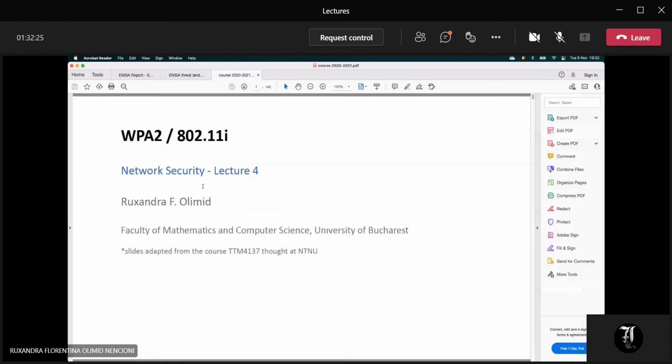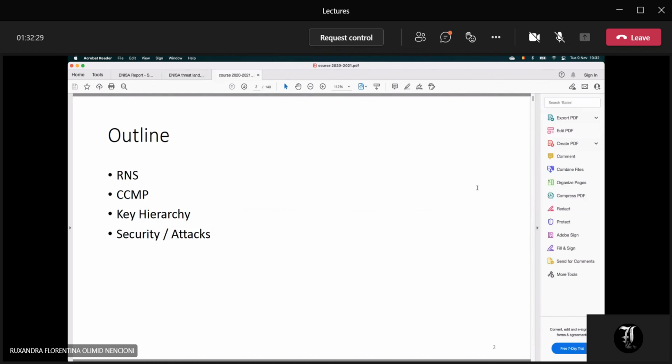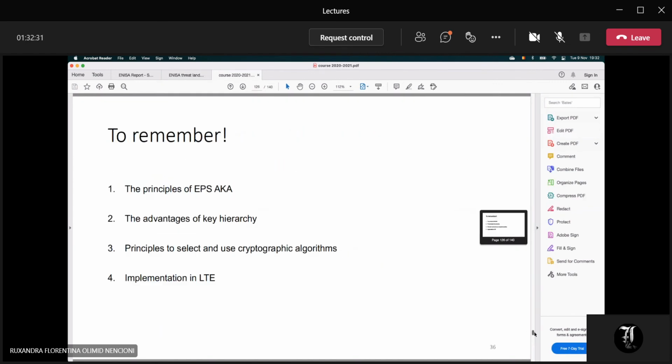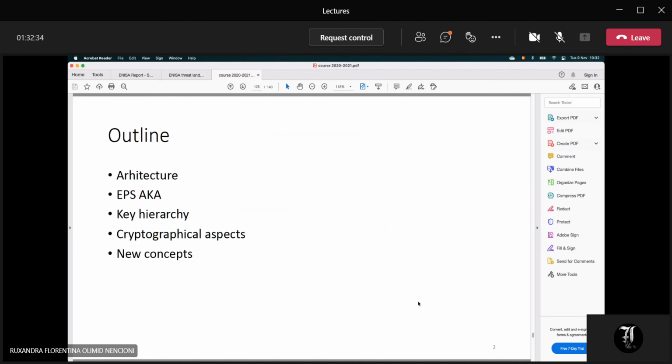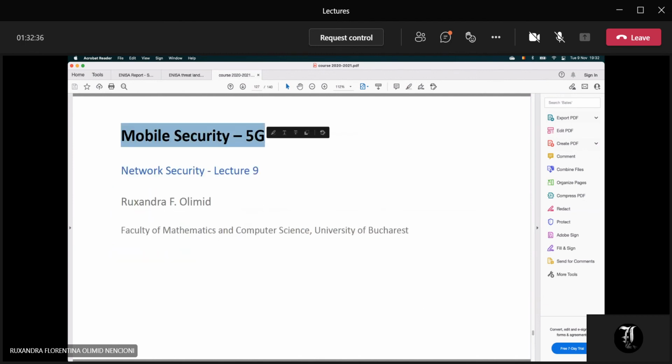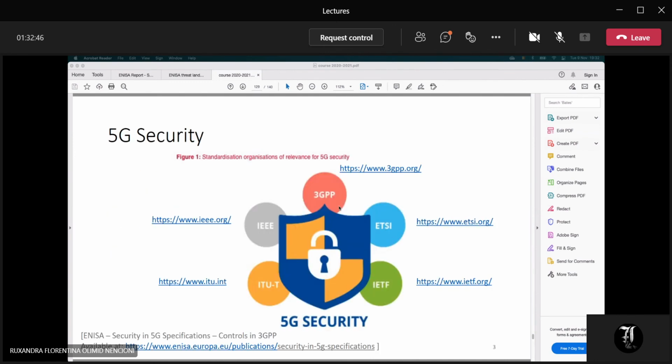Okay, you also can find at the very end some information about 5G. Because last year 5G was not the topic for the project. So very briefly, I gave some ideas about 5G and what 5G is.